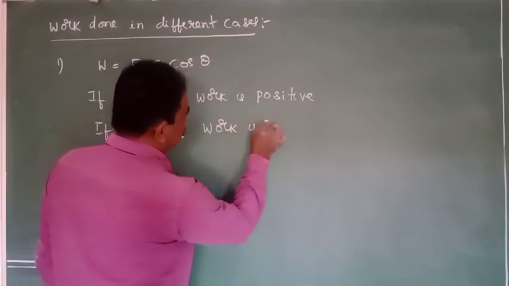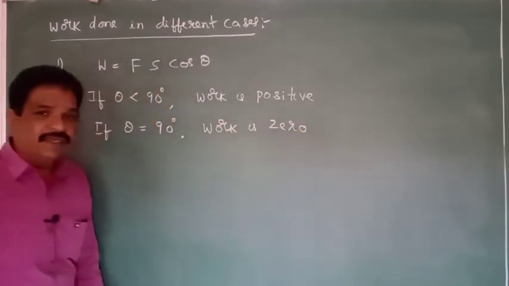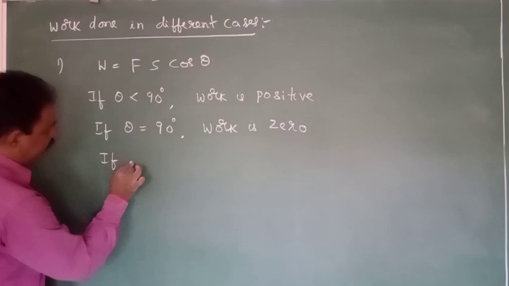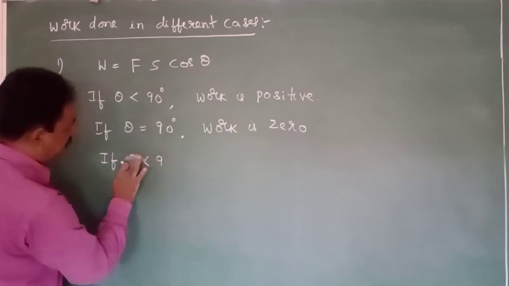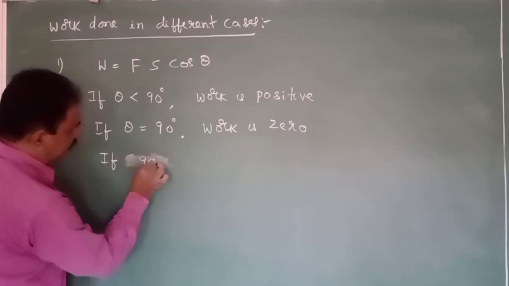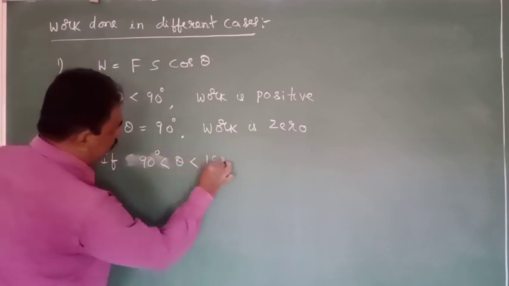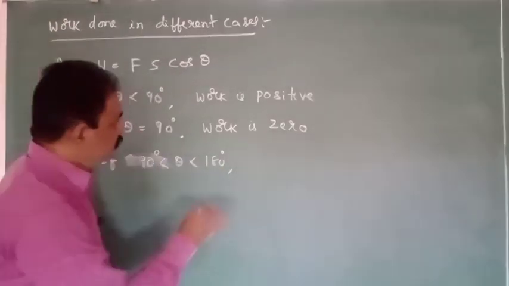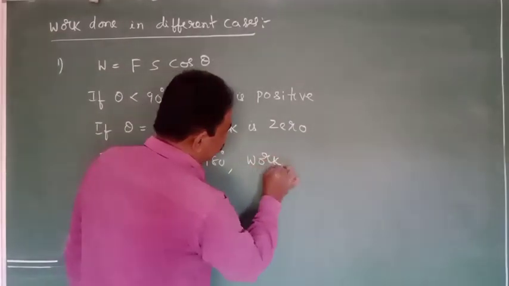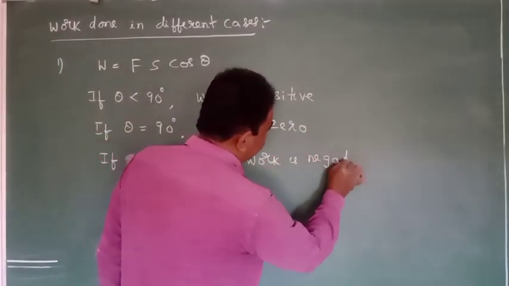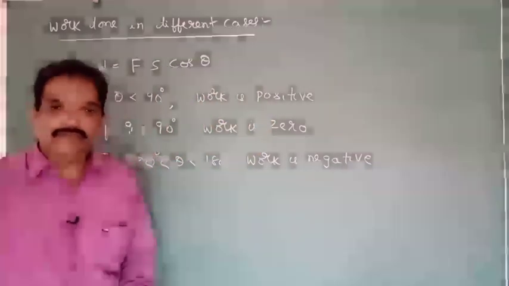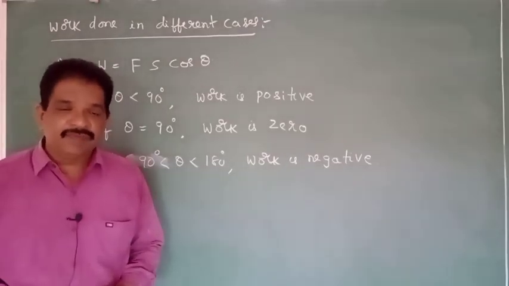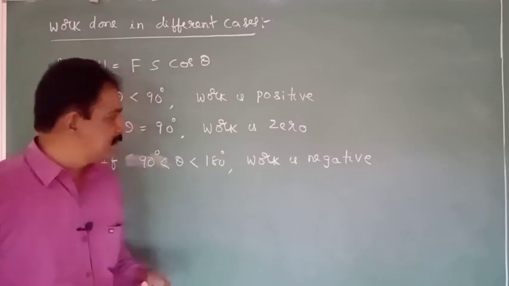If theta is between 90 degrees and 180 degrees, the cos value will be negative for those angles, so work is negative. Clear? Work done may be positive, negative, or 0, depending on the angle between force and displacement.